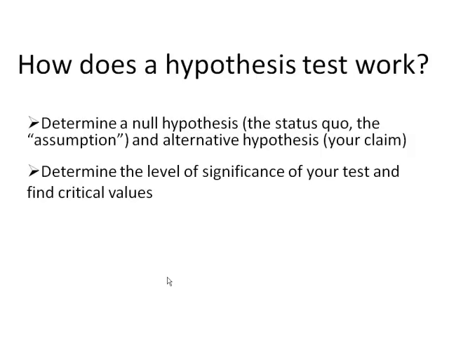The critical values are the values in our distributions, for either our t or our z, that separate 95% of the distribution from the 5% that we're going to use to reject our null hypothesis.